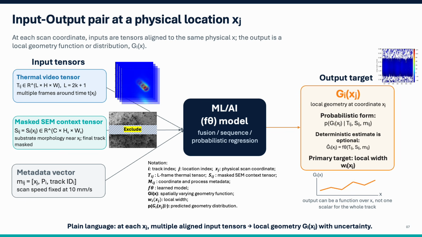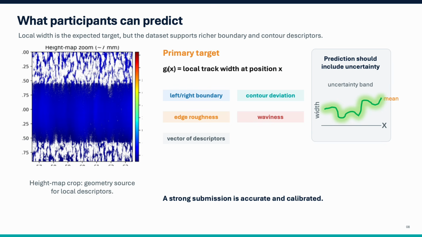Local width is the main target, but the dataset supports several richer definitions of the track geometry. The expected target is the local track width at each coordinate x, extracted from the process height map. However, participants may also define richer targets, such as the left and right boundary position, contour deviation, edge roughness, waviness, or a vector containing local descriptors.